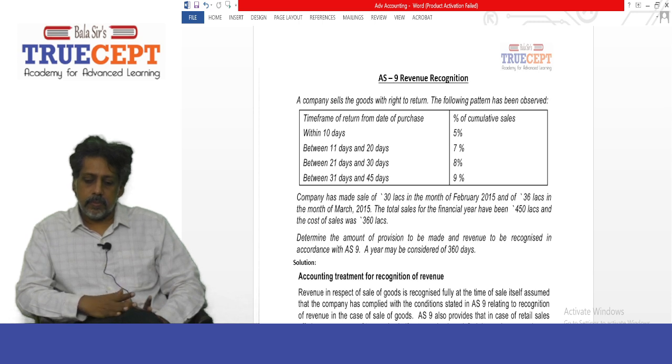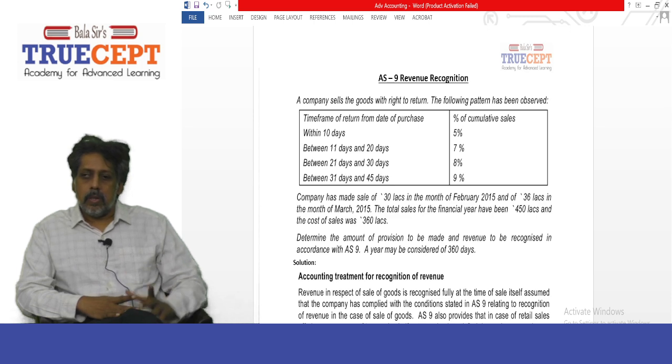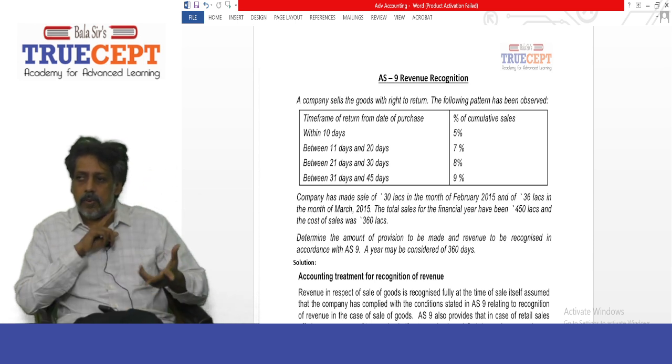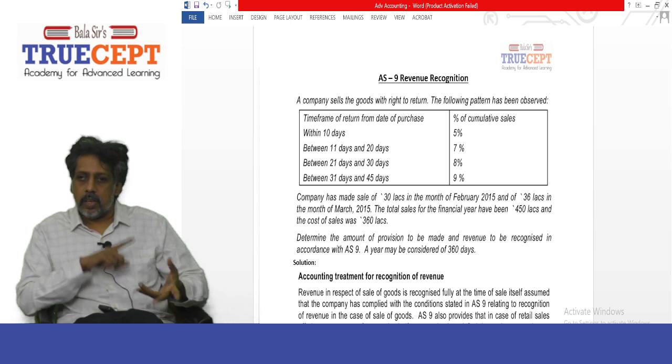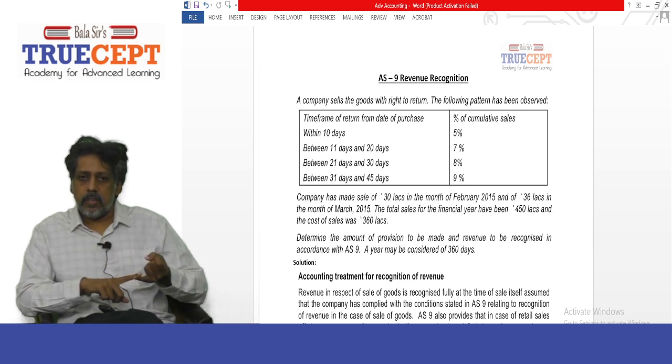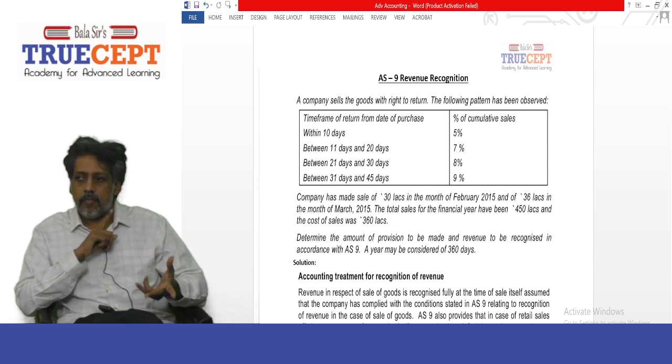The company has made sale of 30 lakh rupees in the month of February 2015 and rupees 36 lakh in the month of March 2015. So your company sold rupees 36 lakh worth of goods in the month of March and rupees 30 lakh in the month of Feb, right?